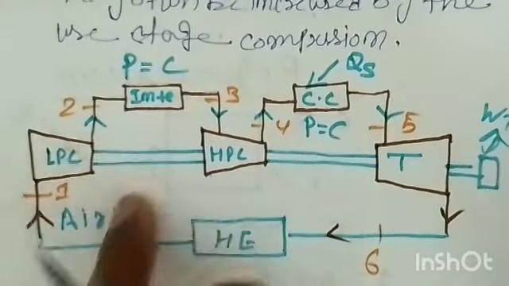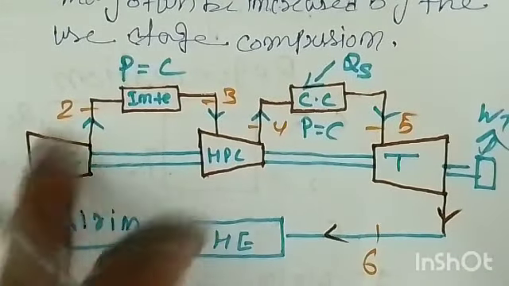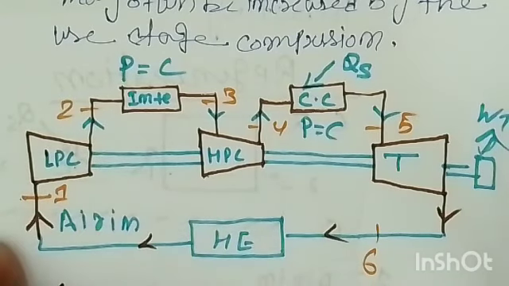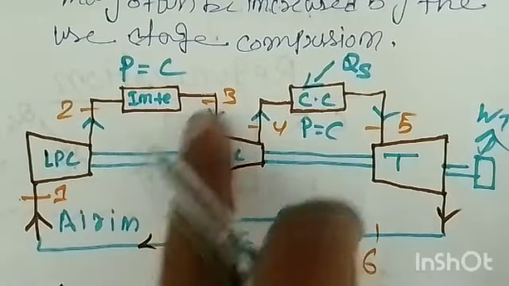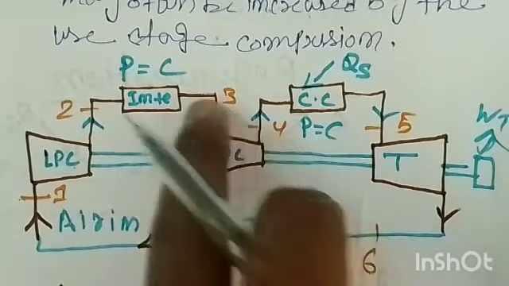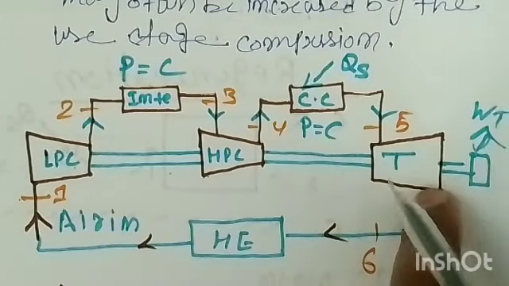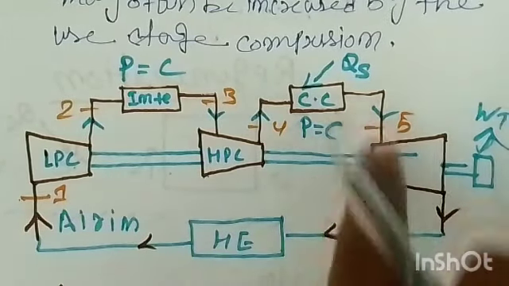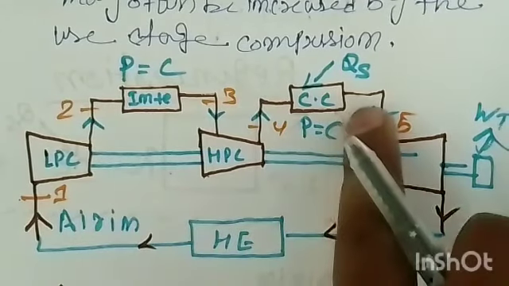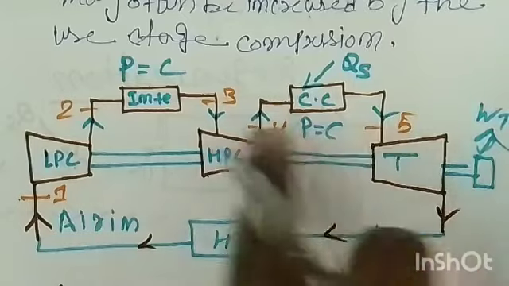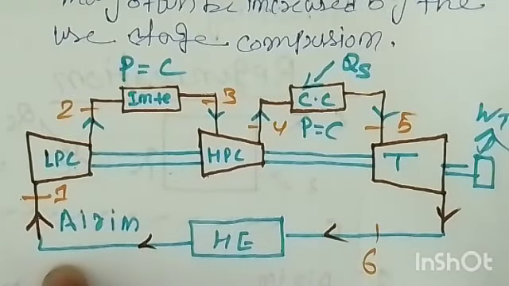Work input to two compressors, so two work input means from 1 to 2, and it is the constant adiabatic compression, so mcp(T2 minus T1), and again high pressure work is from 3 to 4, so mcp(T4 minus T3), and turbine work is mcp(T5 minus T6), and heat supplied is mcp(T5 minus T4), heat rejection is 6 to 1.